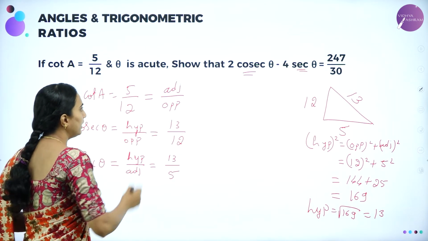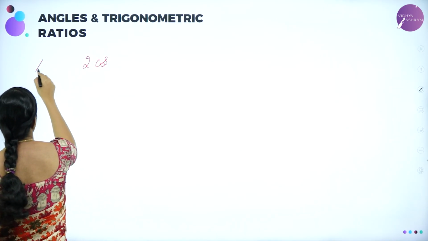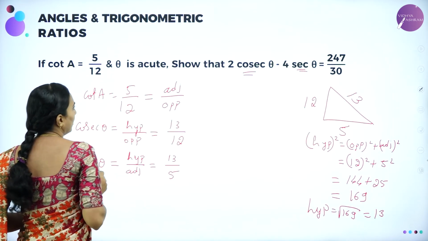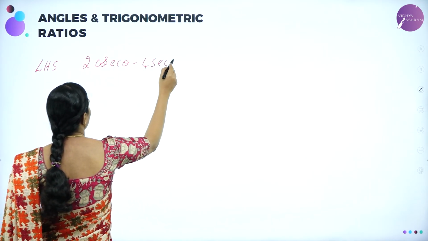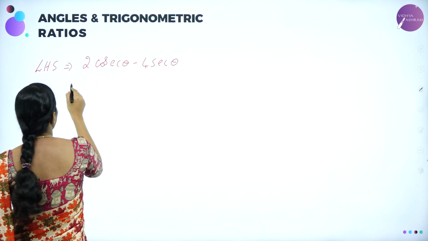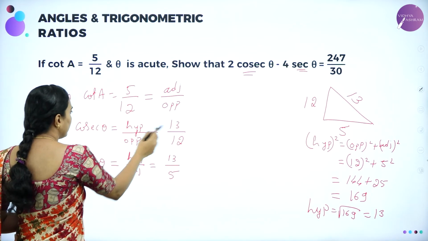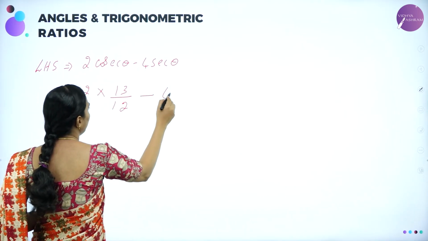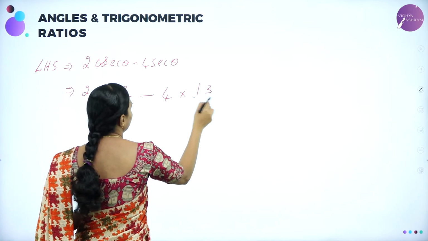So now by taking the left hand side of the proof, 2 cosecant theta minus 4 secant theta, which implies 2 into cosecant theta is 13 by 12, minus 4 into secant theta is 13 divided by 5.